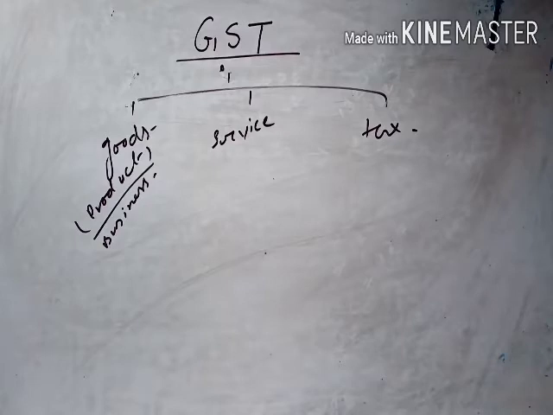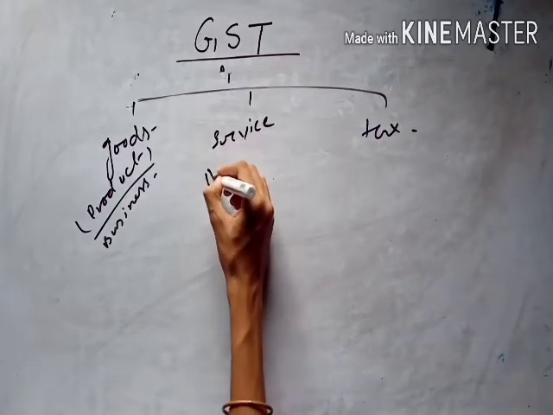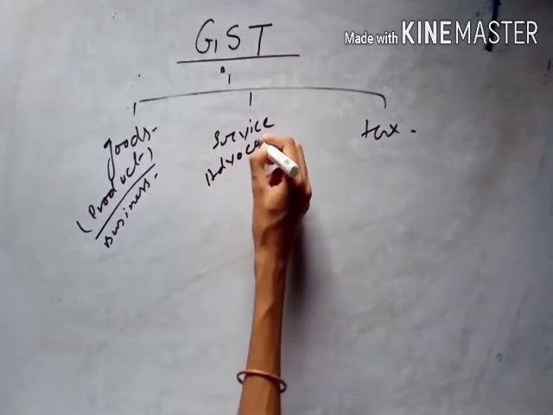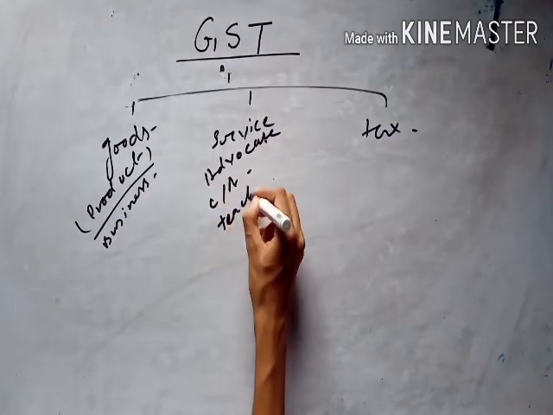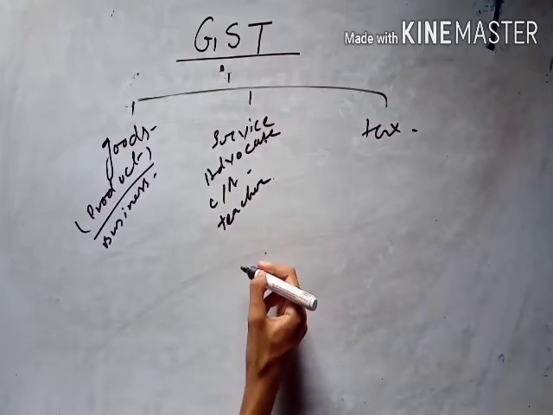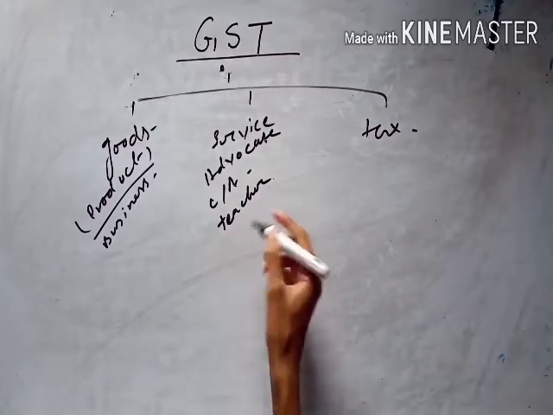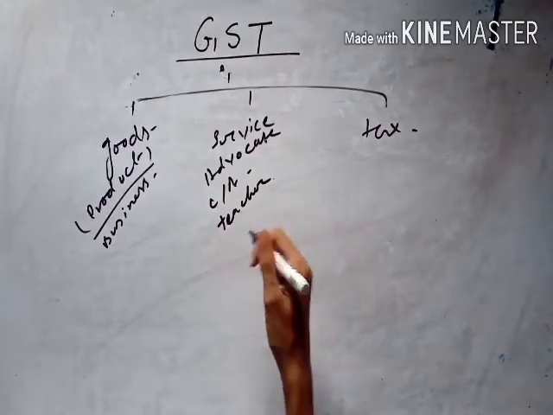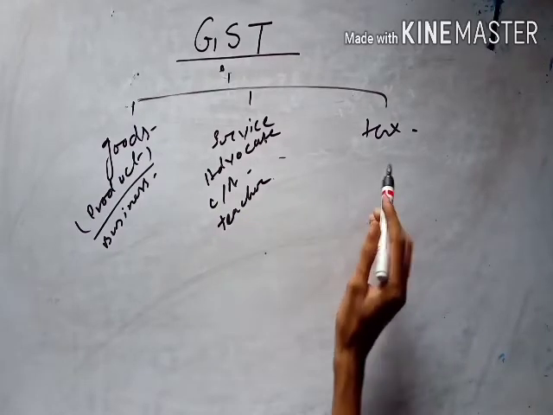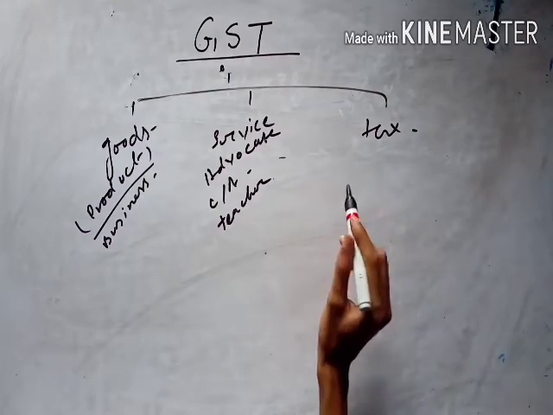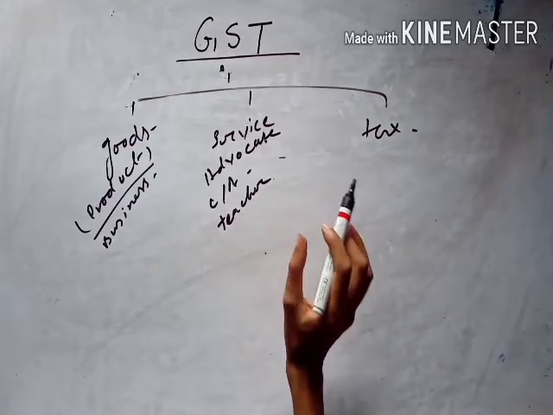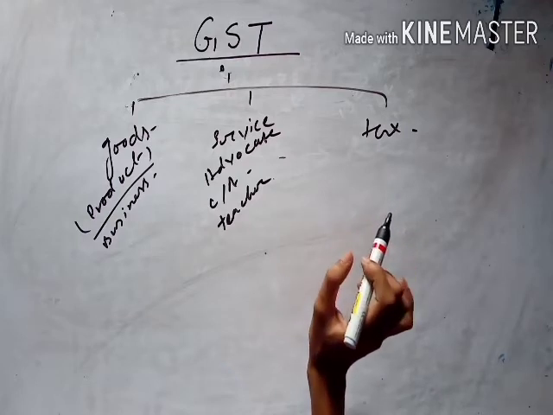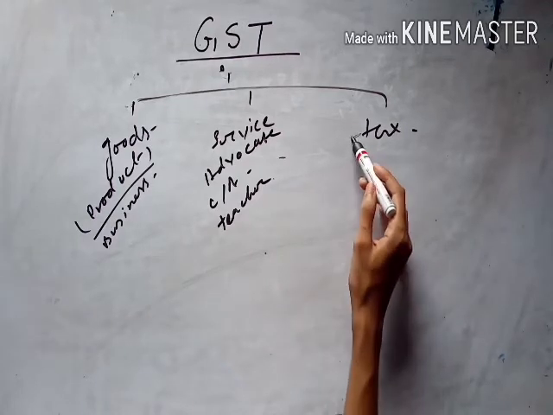This is called services, which is also chargeable. For an advocate, for a CA, and also your teacher, there are many other services. And on those goods and services, we have to pay something to the government, which is called tax.